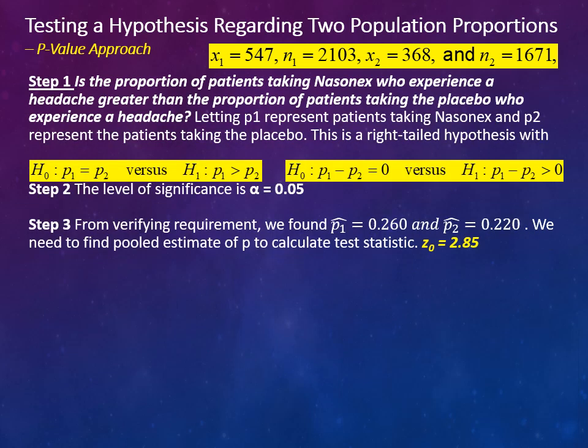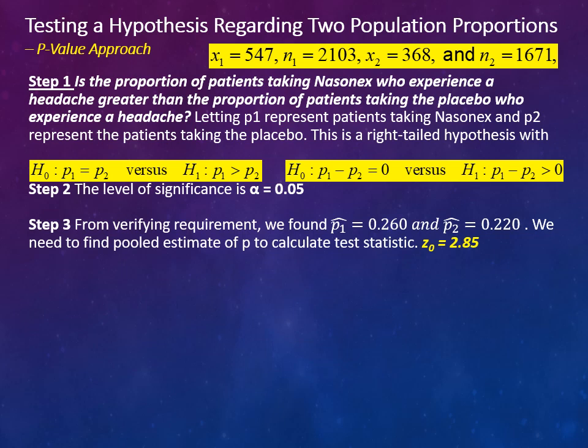So for the p-value approach, the first few steps are exactly the same as the classical approach. First, we have to verify the sample size as we did. Step 1 is the same, writing the null and the alternative hypothesis statement, figuring out which tail test it is, and the level of significance.